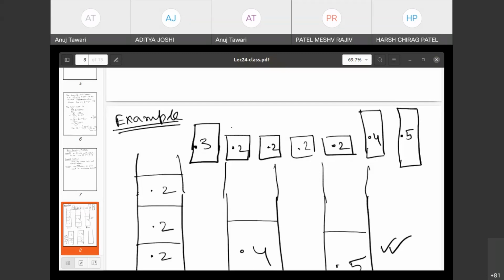Okay, that is interesting. So what are you going to do here? Let's say this is my array which contains these items: 0.3, 0.2, 0.2, 0.2, 0.2, 0.4, and 0.5.